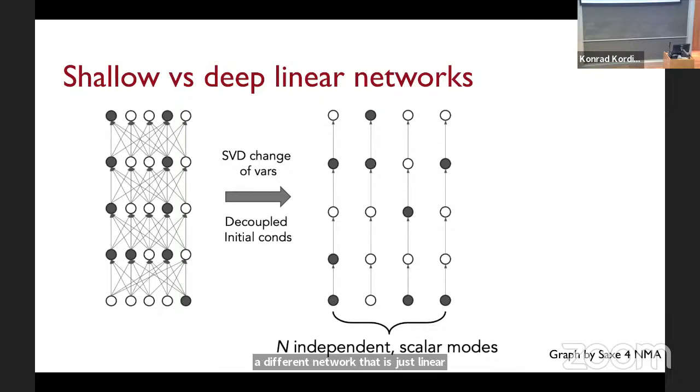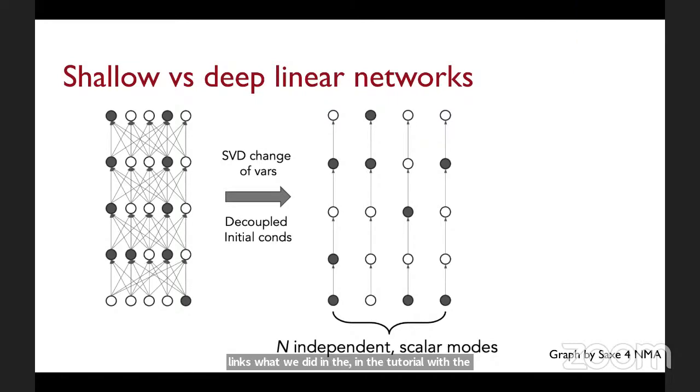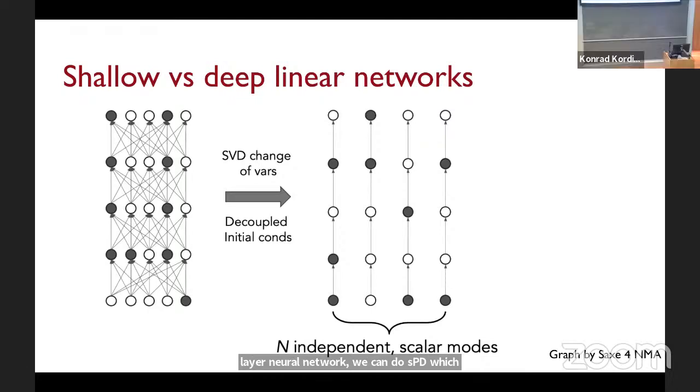That is the mathematical transformation that makes the Saxe paper possible. It links what we did in the tutorial with the underlying theory: if we have a multi-layer neural network, we can do SVD, which makes it into one matrix. And as such, all the gradients are exactly the same in that SVD space. So we can convert a network into a set of parallel networks that evolve independently.